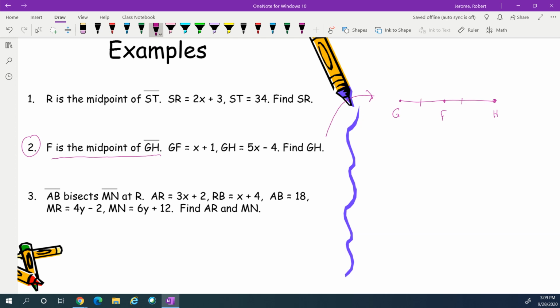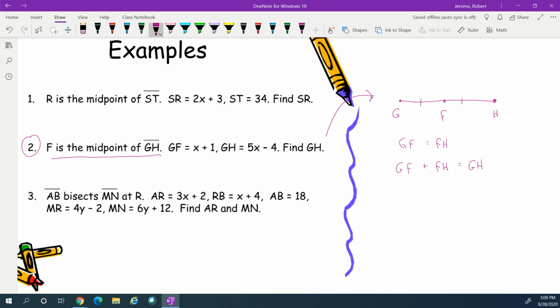So stop and think about what we know. We know GF is equal to FH, and we know that if we added them, we would get GH. Now, I don't know which of those equations I'm going to use yet, but I'm just understanding the picture.